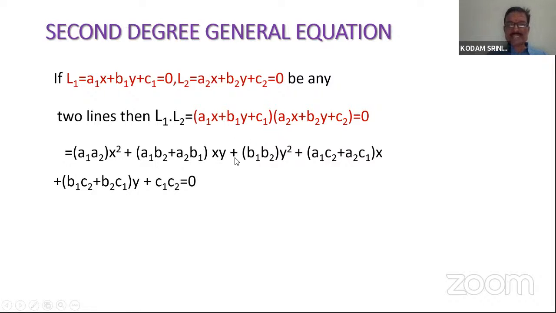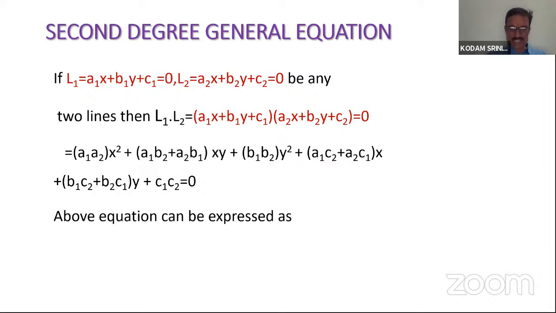So by writing all these terms, we have A1 A2 x square plus A1 B2 plus A2 B1 xy plus B1 B2 y square plus A1 C2 plus A2 C1 x plus B1 C2 plus B2 C1 y plus C1 C2 equal to 0. In this equation, we get the x square term, xy term, y square term, x term, y term and constant.